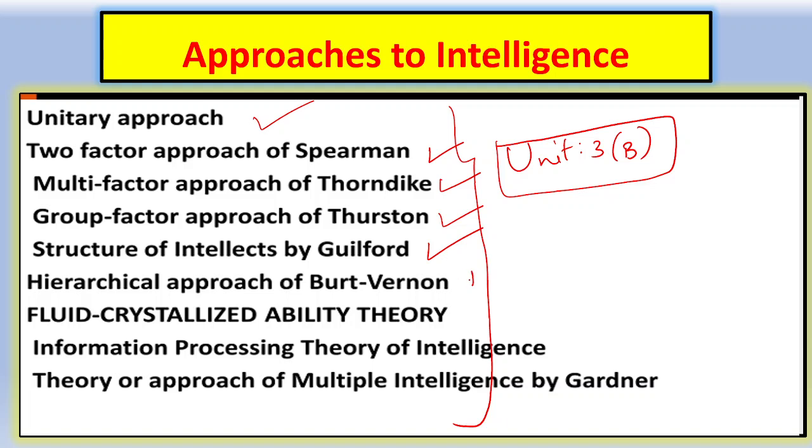Today, we are going to study the hierarchical approach of Burt Vernon and the fluid crystallizability theory. Along with that, we are also going to understand the emotional intelligence competencies given by Goleman.